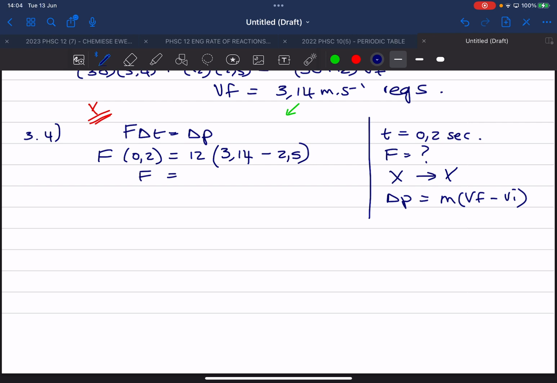En dan kry jy vir jou krag om te wees, I get 38.57. Ek het nie afgerond die antwoord nie. Anyway, 38.4, 38.57, 38. Whatever you get, newtons.